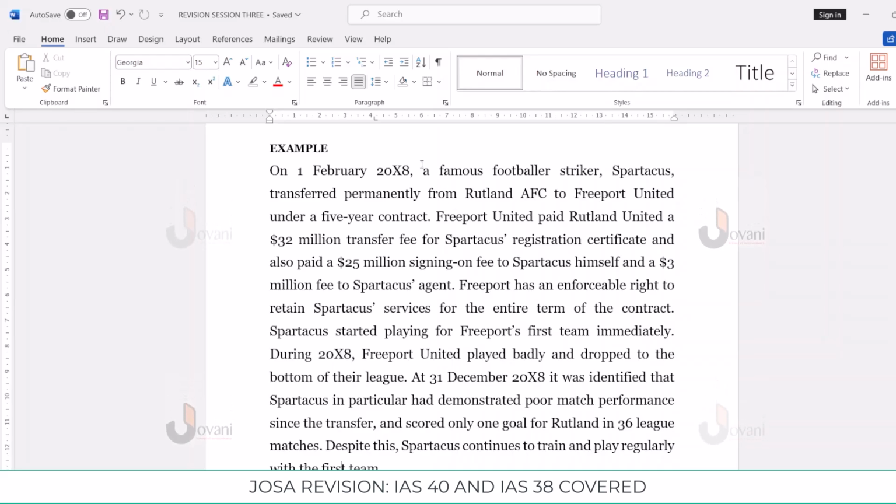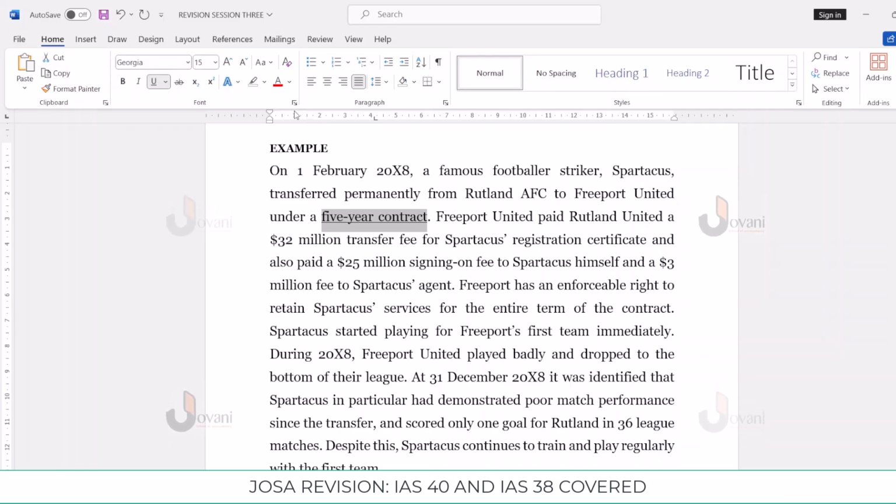Okay, let us start. On 1st February 2008, a famous football striker, Spartacus, transferred permanently from Rutland AFC to Freeport United under a 5-year contract. This is timing, important. And since they're talking about a contract, we defined something under IAS 38. How is an asset identifiable? Since there is now, this is what? Contractual.